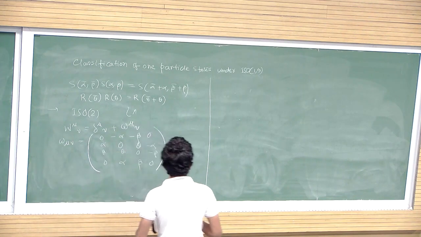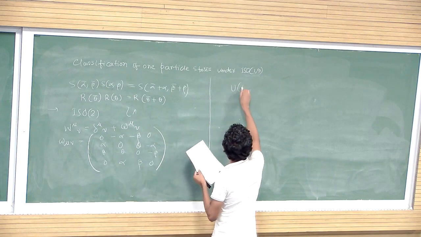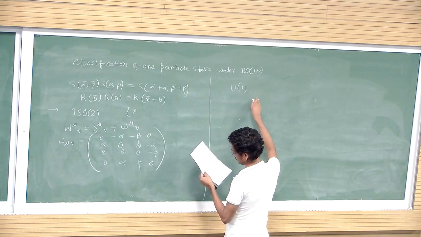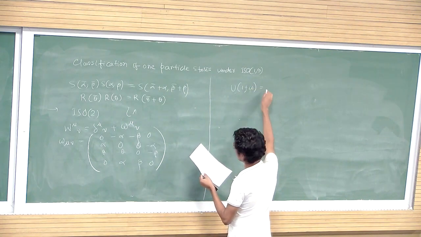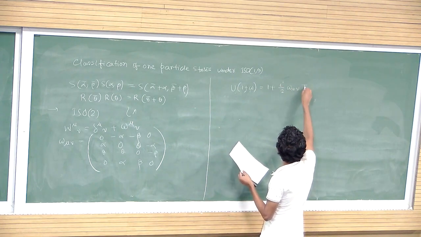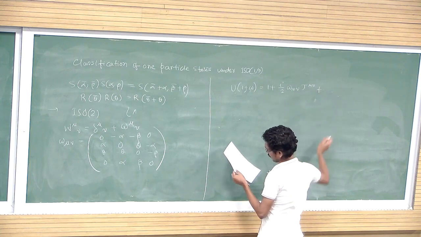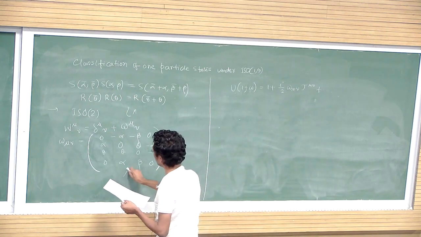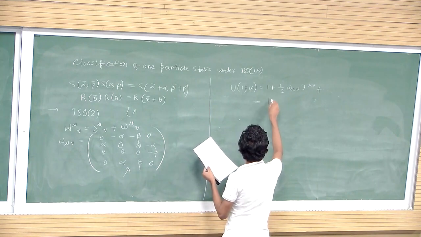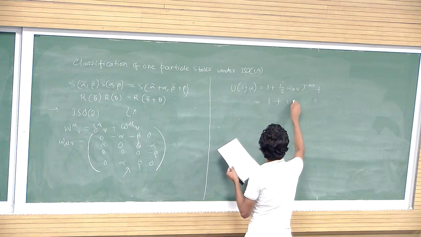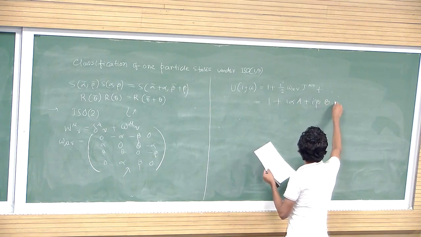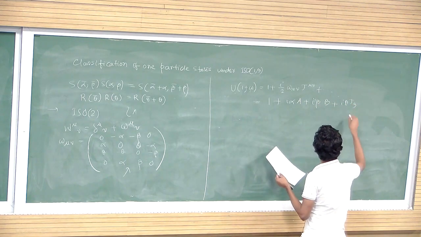Okay, and now you know any unitary operator, if you make the transformation infinitesimal, so U of 1 plus omega is given by 1 minus i over 2 omega mu nu J mu nu. From this omega mu nu, if you put it here, you can then write this as identity plus i alpha A plus i beta B plus i theta J3 plus the higher order terms.